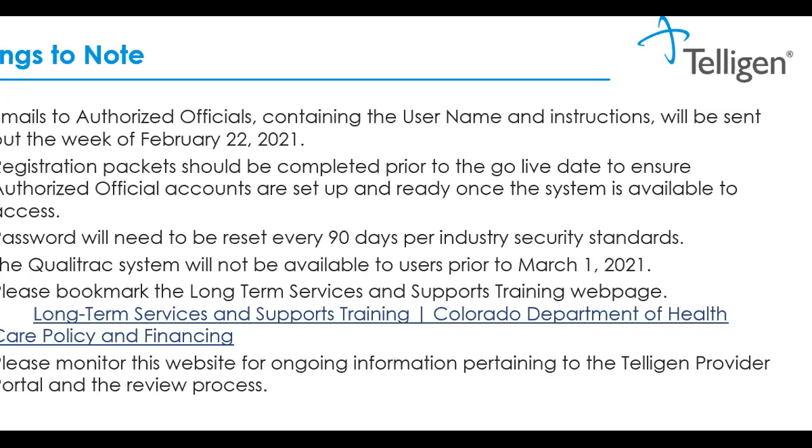The reason for this is that the activation link is only good for 7 days. And because the system doesn't go live until March 1st, we want to make sure that those activation links are actually active and that you're able to click on them to activate your account and set up your password. So we're going to wait till that last week of February to send all of your information back to you so you can start setting up your accounts.